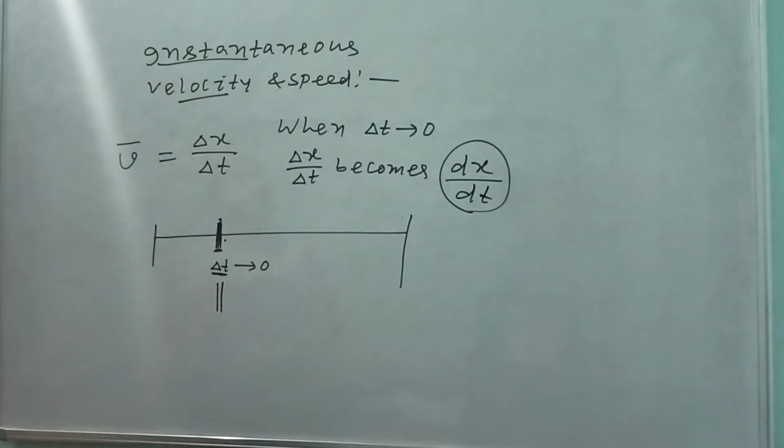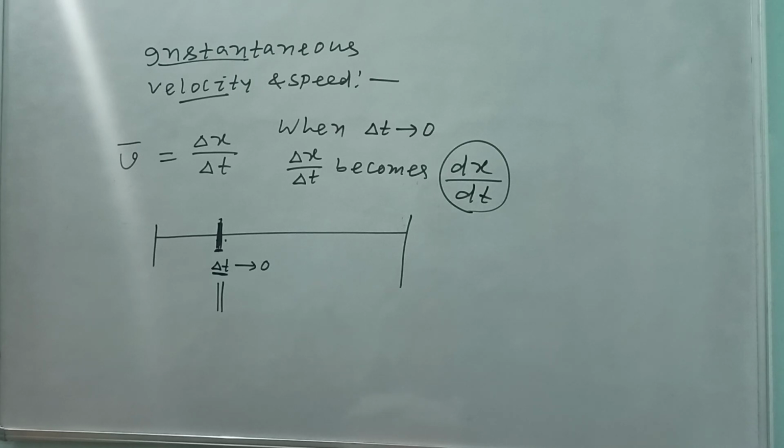This dx by dt you know, that is differentiation of x with respect to time. But so far as physics is concerned, x you know position, t you know time. So what is this dx by dt? This is instantaneous velocity.